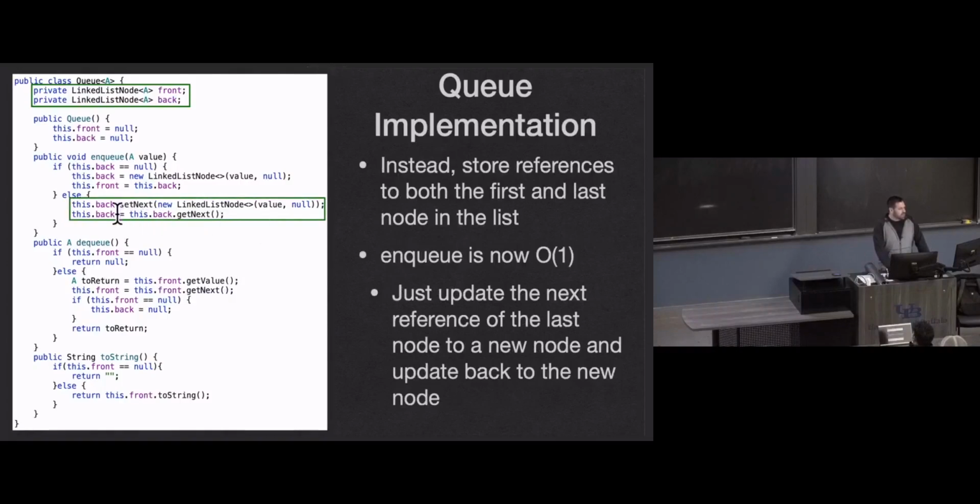So when we enqueue an element, we're just going to append. So this dot back, we're going to set next to a new node with the value that we're enqueuing, and then next of null. And then update this dot back to refer to that new node, because that's the new end of the linked list.